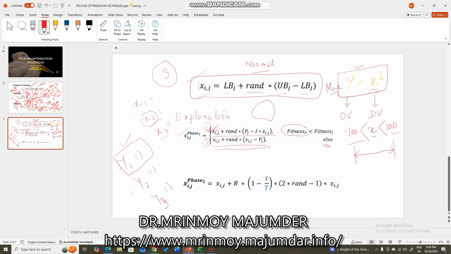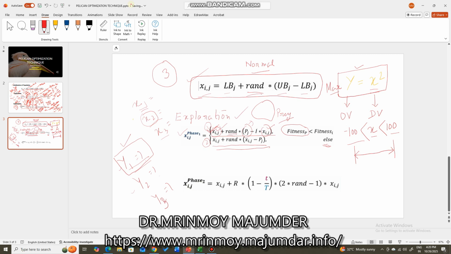So this x is the old value, this x is the old value, and this is the value of x of the target or prey, that means this one, y1, right? So that is why this p means prey. This is the value of x for prey. This is the old value of your second agent for which you are comparing, and this is also the old value of your second agent. The random function I have already discussed, this and this are the same.